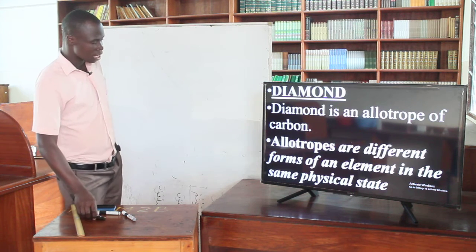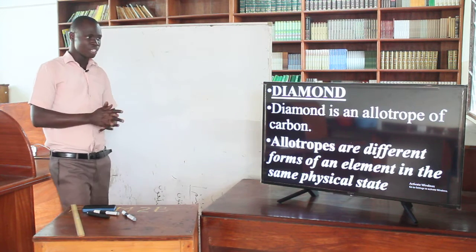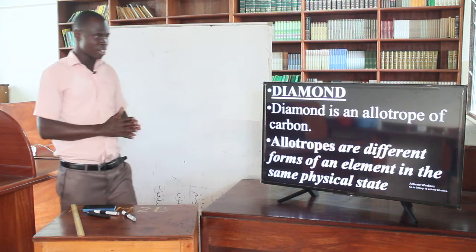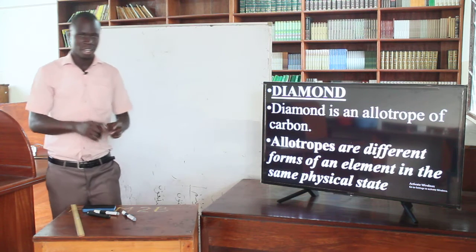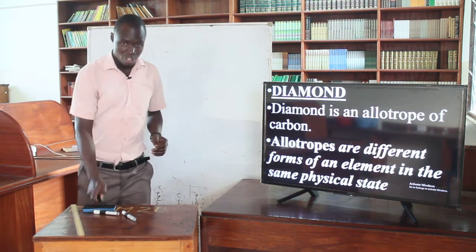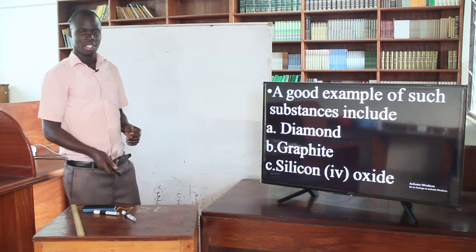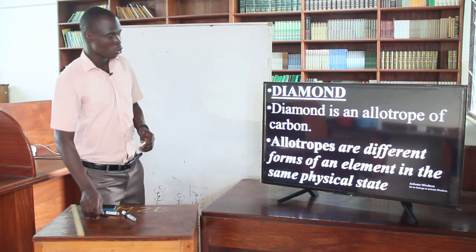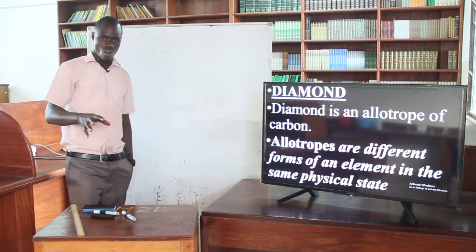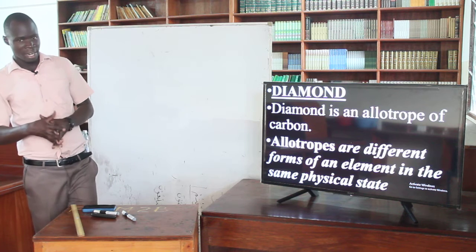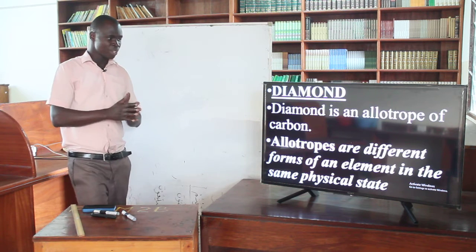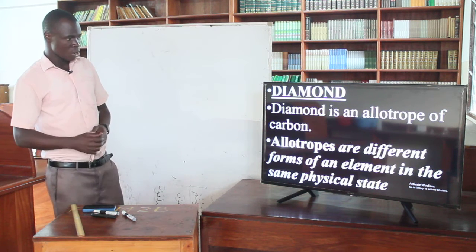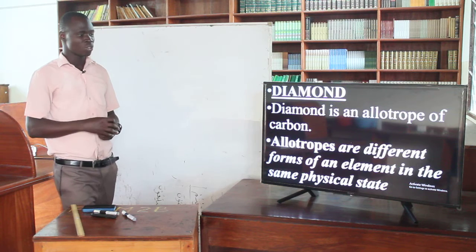Now, what about diamond and graphite? The two which have been considered here, diamond and graphite, are called allotropes of carbon. What are allotropes? Allotropes are different forms of an element in the same physical state.